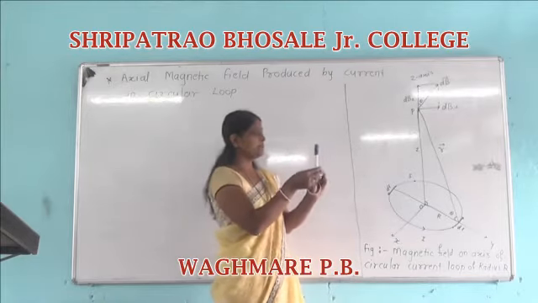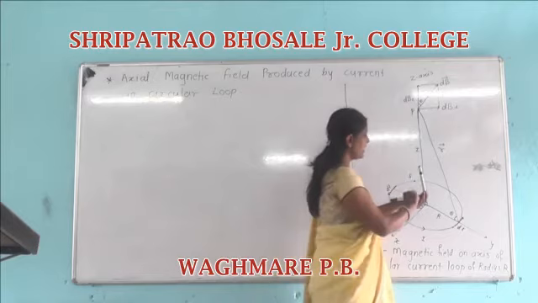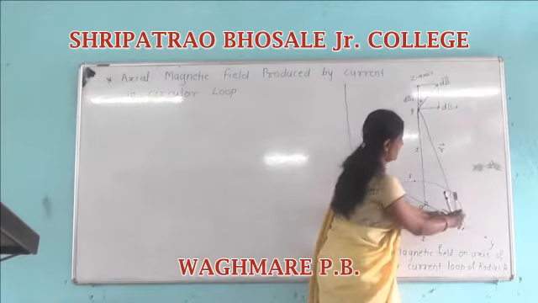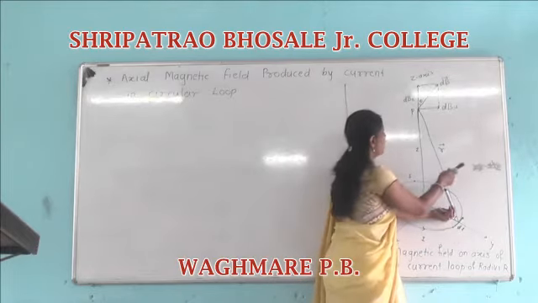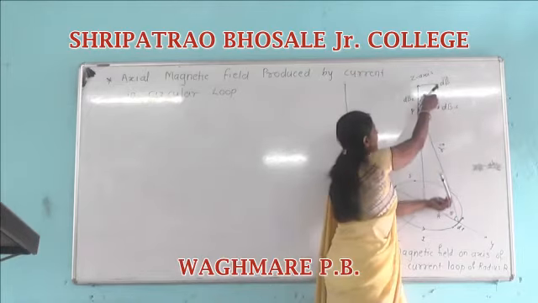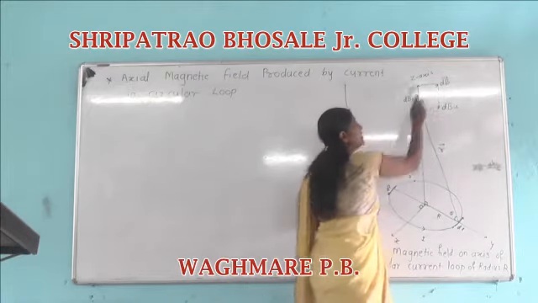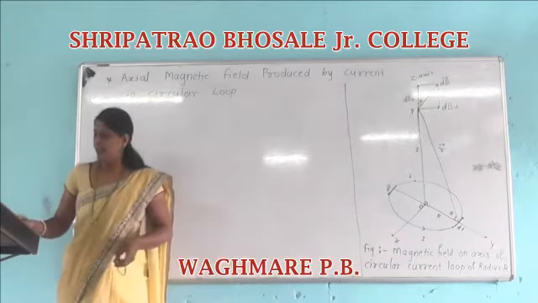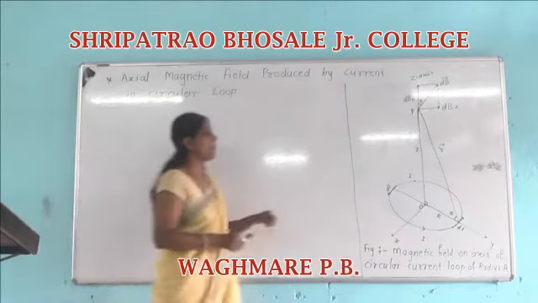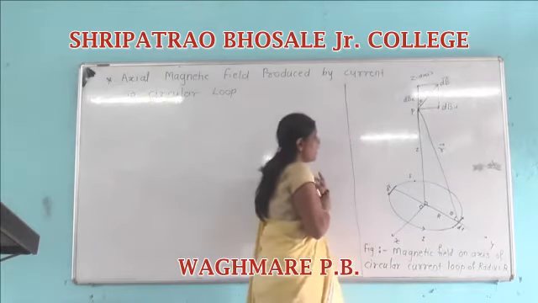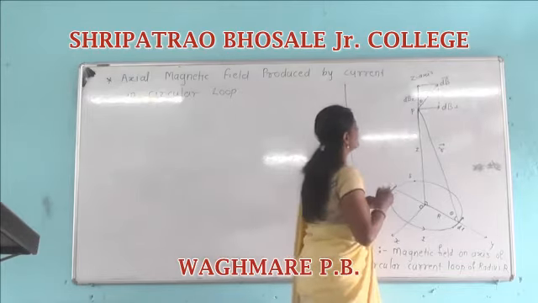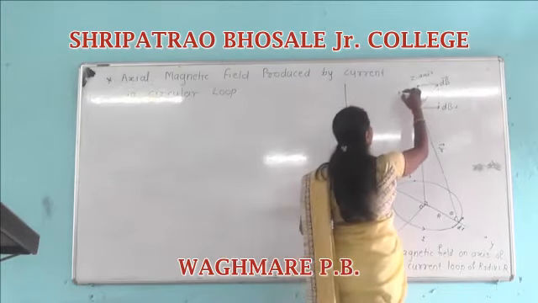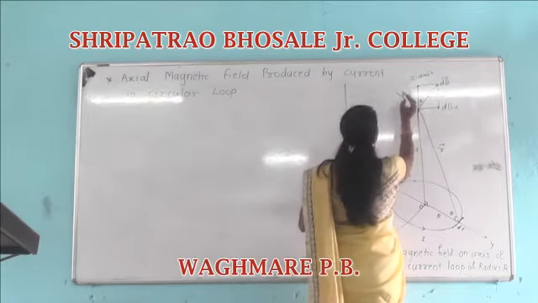This is the small element dl, this is the direction of r, and this is the direction of the magnetic field dB. So dB is in this direction shown here. Similarly, when we consider a small element on the loop on the other side, we will get dB in this direction.